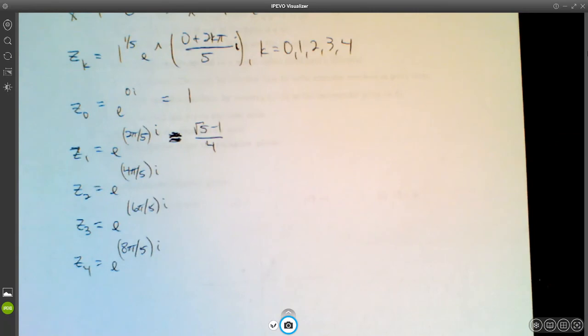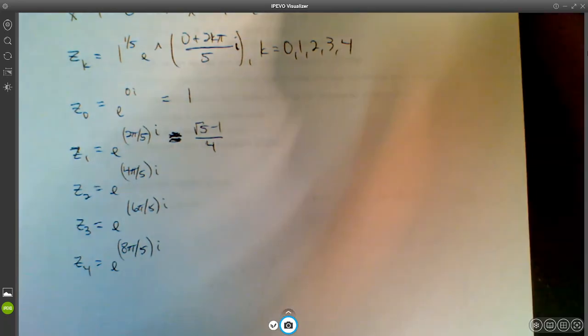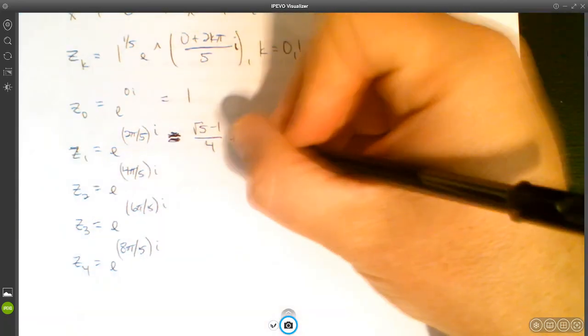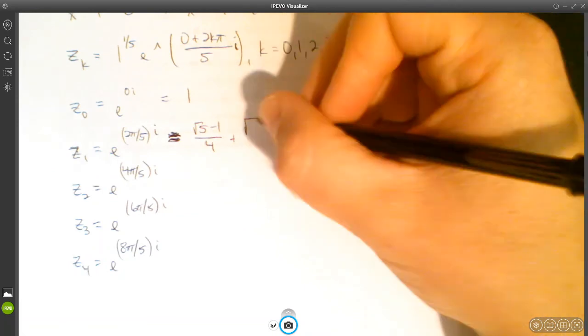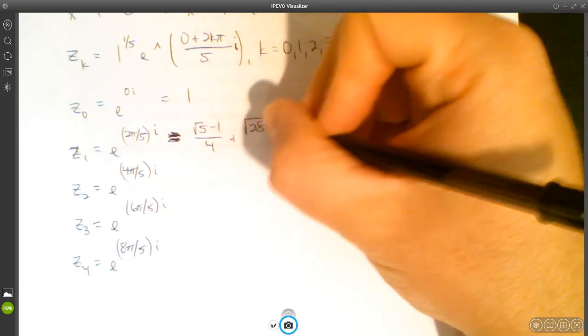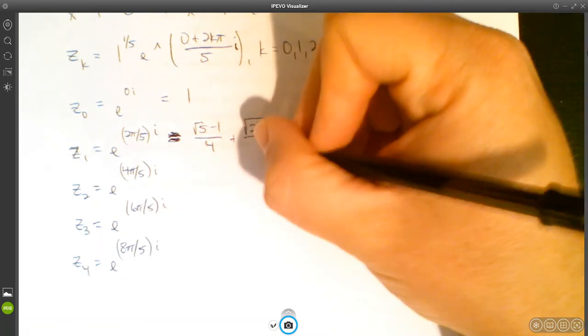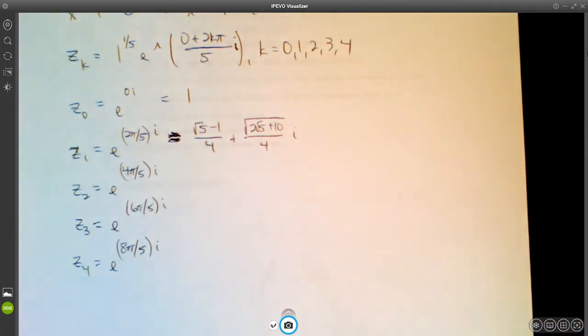And then sine is nasty. It's plus the square root of 2 root 5 plus 10 divided by 4 i.